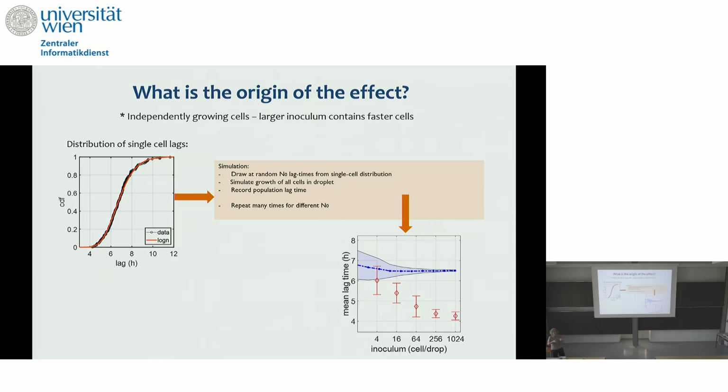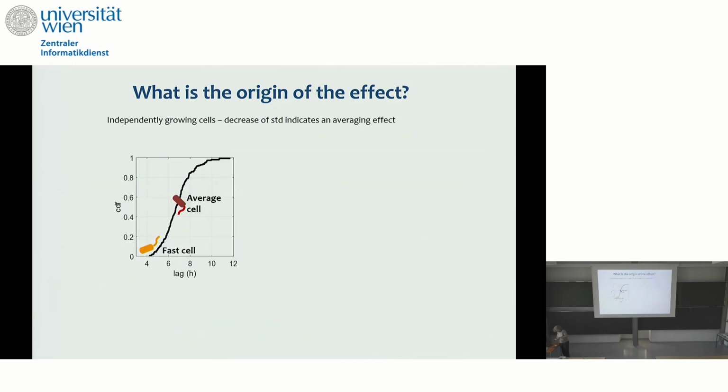You can do a very simple back-of-the-envelope approximation here and see that by the time these fast cells, compared with the average cells, start to grow, they have not made up a substantive population inside the droplet. But on the other hand, there's averaging here. So the main effect here is of averaging. Yeah.